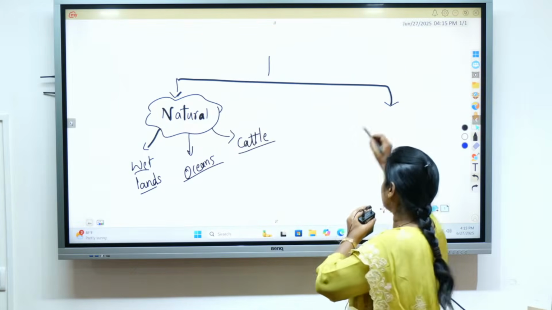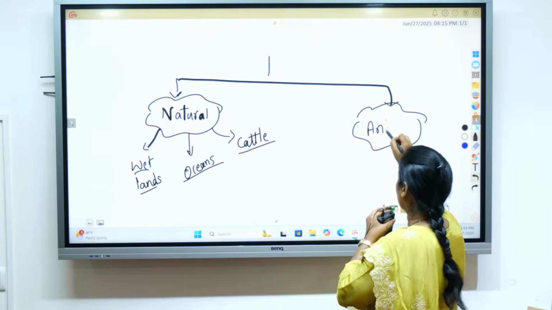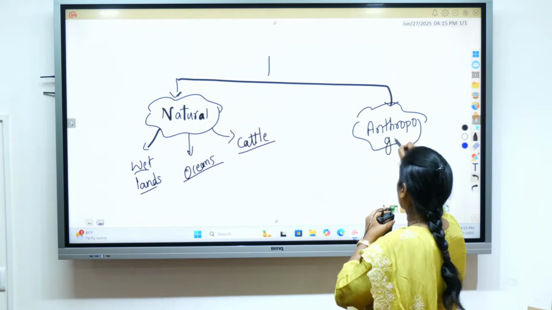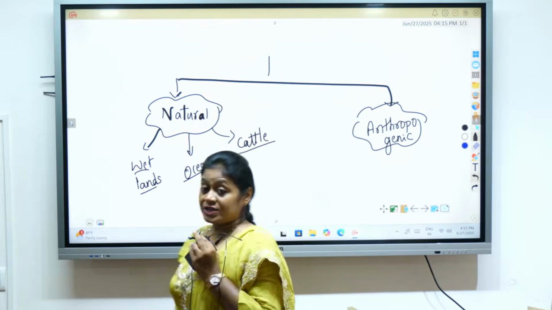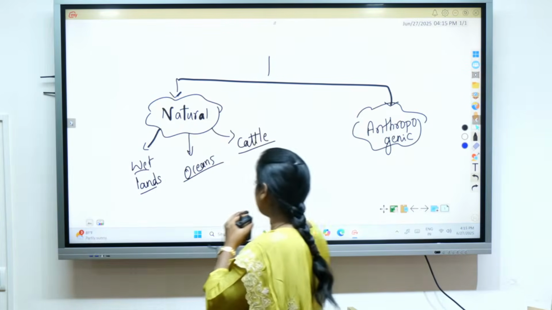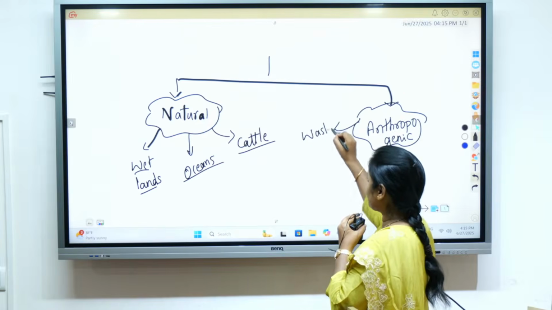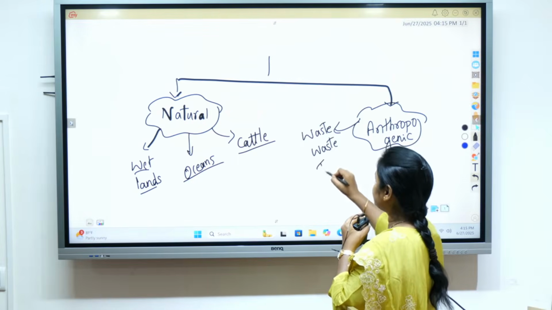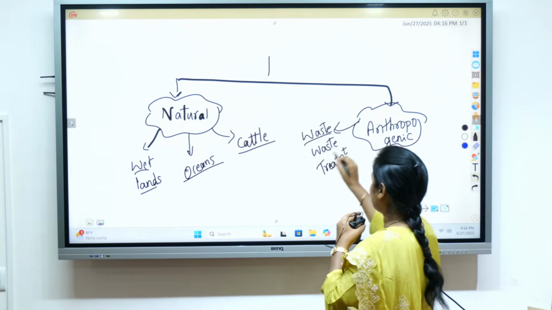When it comes to anthropogenic sources, anthropogenic means man-made. One is wastewater treatment, so this methane gets released during wastewater treatment. And I am recalling the last class.